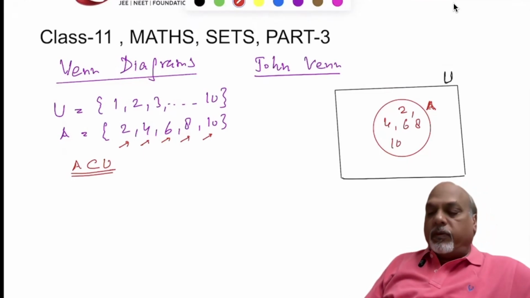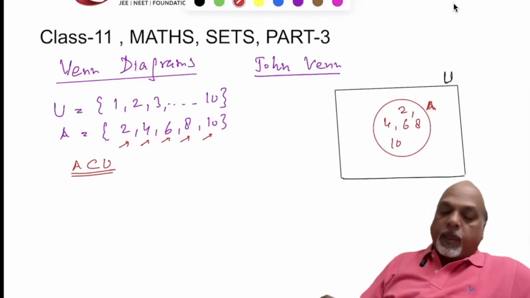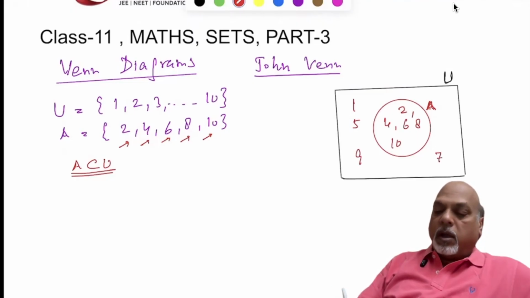These are the elements which belong to set A, and in the universal set, what is left is 1, 5, 9, 7 and 3.